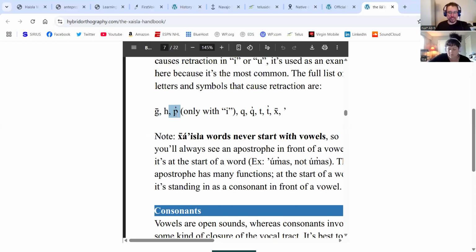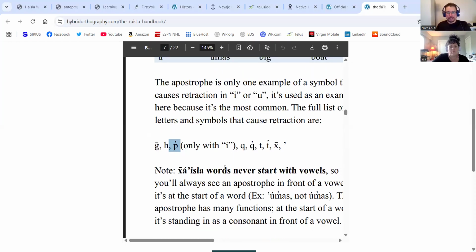An ejective P followed by an I sounds like pay. So if you see any of these consonants in front of an I or a U, it's going to change the sound of that vowel. Anything that's not on this list is just going to be a regular vowel sound, so E if it's an I, or U if it's a letter U.